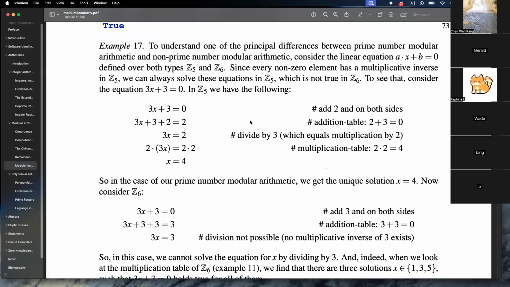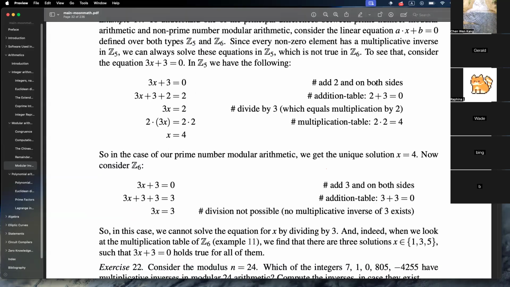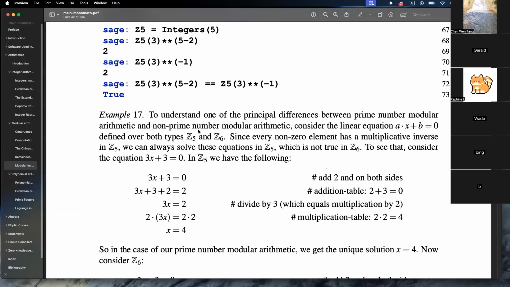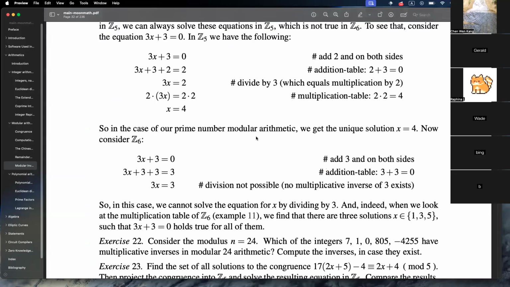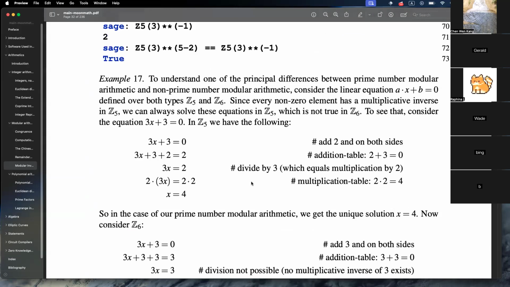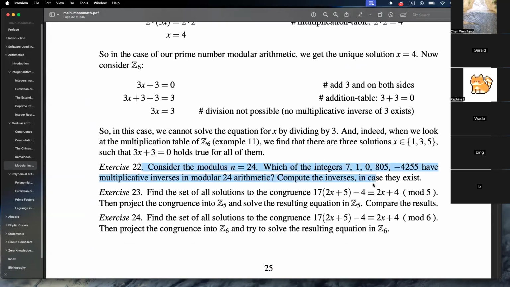So in this case, let's look through this. 3x plus 3 plus 0. This is just showing the difference with non-prime number modular arithmetic, not really inverses. Okay, sorry. But let's look at this then.